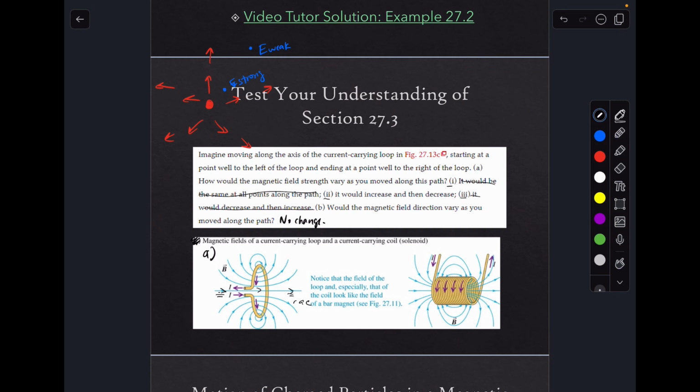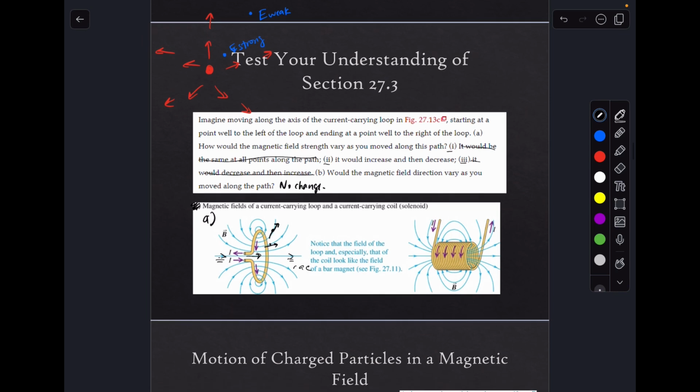So if we were on one of these curved lines and we were asked what's the direction of the field right here, you would take the tangent to that curve, okay? So the direction of the field at that particular point would be like that. The direction over here would be like this. So you're always taking the tangent to the curve. The tangent of a straight line is the line itself. So that's why we're always pointing to the right along that straight line.